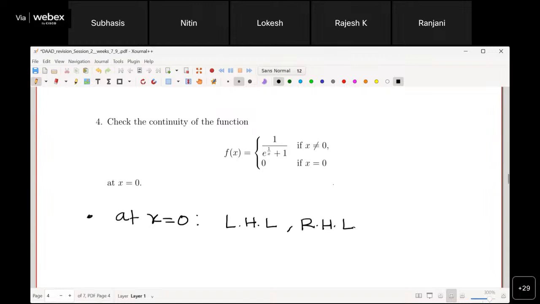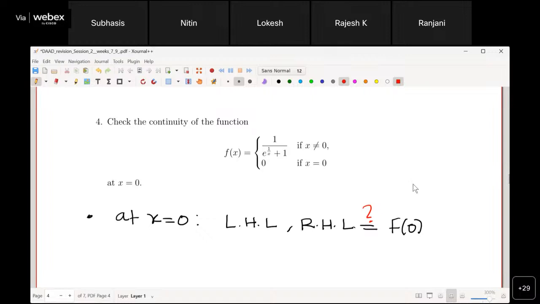Now I'm not just checking whether the limit of this function at x equal to 0 exists or not. I'm going one step forward. I want to check the continuity of the function, right? So I need to check whether both the things are equal and whether they are equal to f of 0 or not. That also I need to check for the continuity.